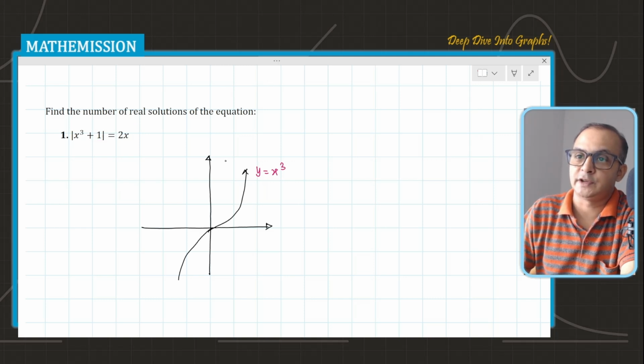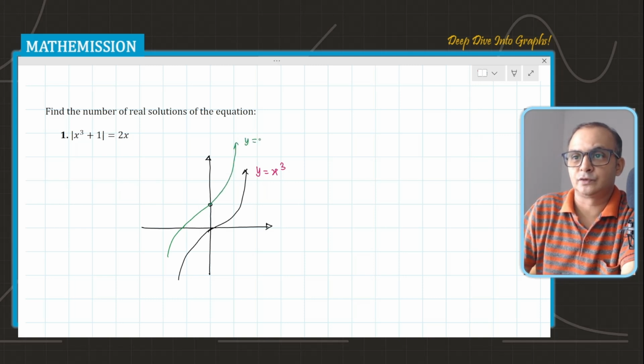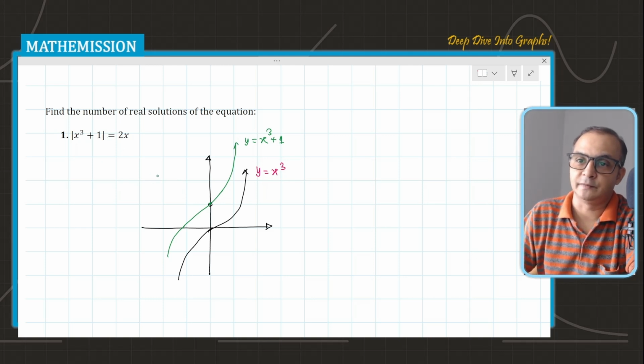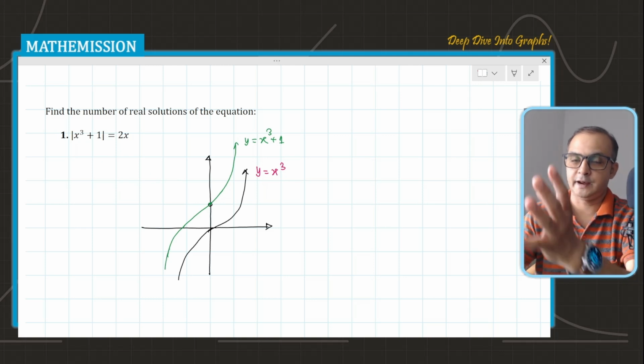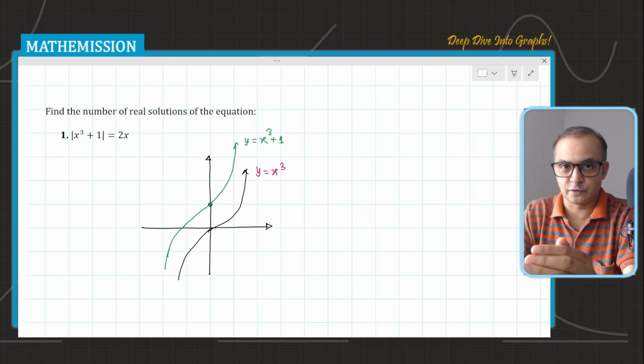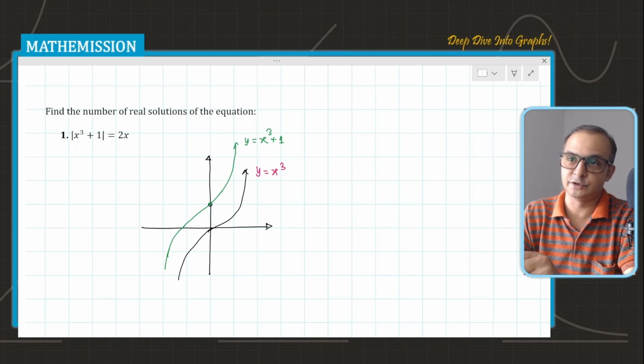So first of all, I have to take the shift. Where will it go? One unit above. So this point will be 1, and it will be like this. And this is the graph of y is equal to x cubed plus 1. And now I have to take the modulus of that. To take the mod of any function from outside, you know that we only see whichever portion of the graph is below the x-axis and take the image of it.